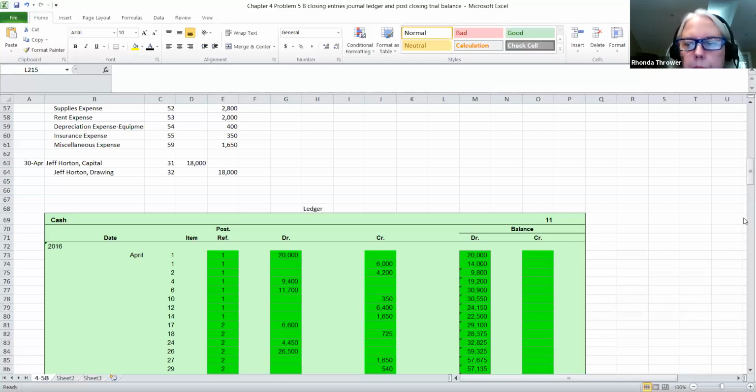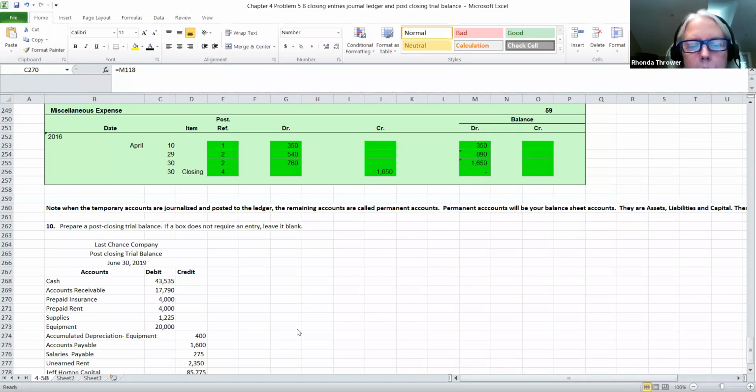Okay, class, I think I found it. So I'm going to see if I can show it to you. It was right here, and prepaid rent is not $4,000. Prepaid rent was $38.50, I believe. So let me check both of these because it looks like I put one in where it shouldn't have gone.